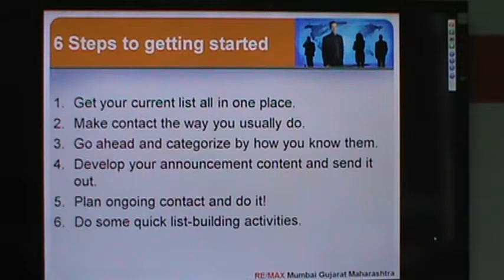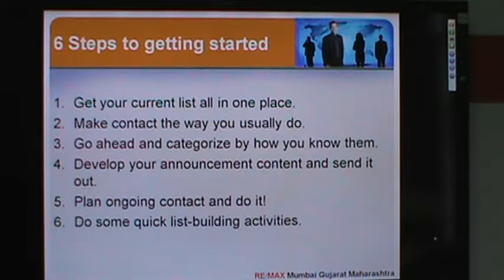So first, realize that you already have a center of influence which consists of your family, friends, old schoolmates, previous business associates, your cricket buddies or soccer buddies, and more. These are people that know you and people you have some influence over.